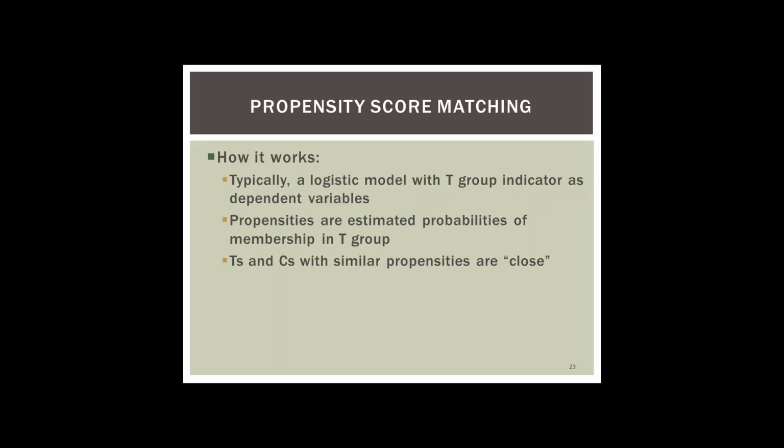Once you've got the probability estimated, the way propensity score matching works is you look at the treatment and comparison unit propensity scores, and if the propensities are similar, then they're very close. So that's how the propensity score distance metric works.